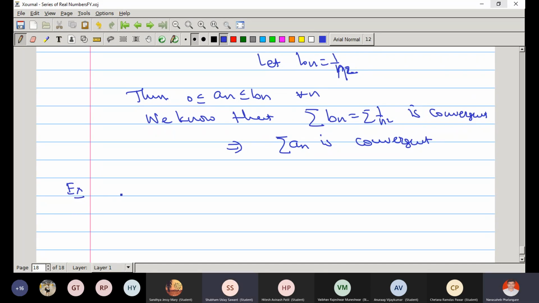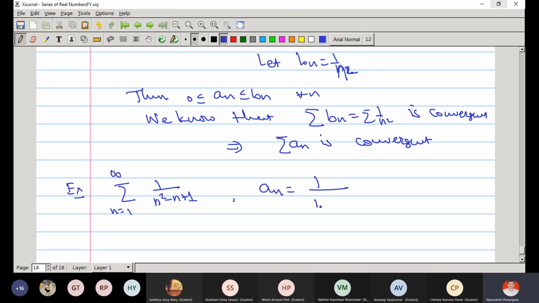Now look at the series 1 upon n square minus n plus 1, n is from 1 to infinity. So what is an here?